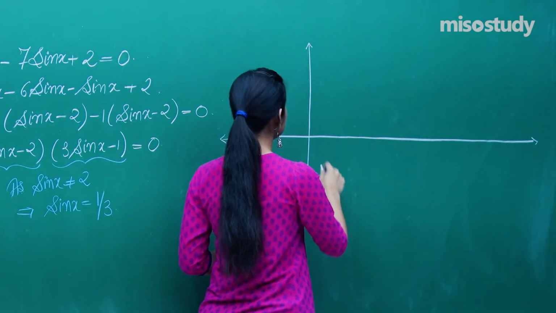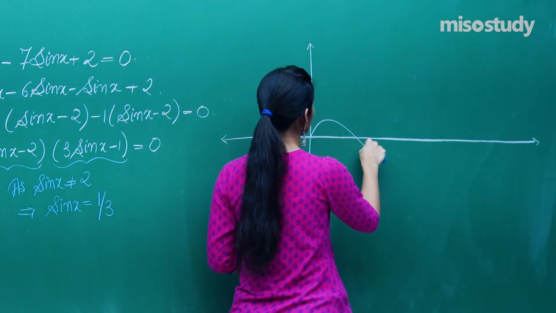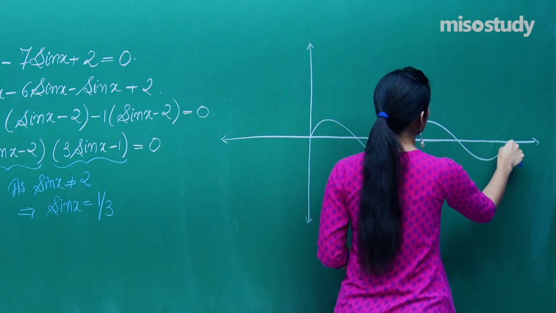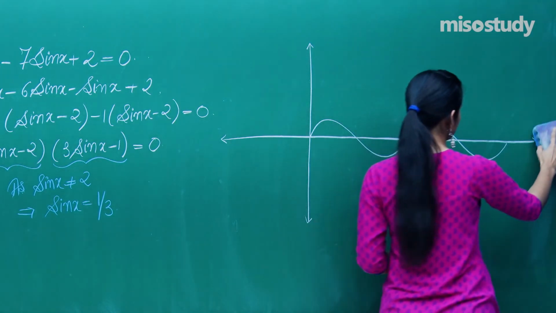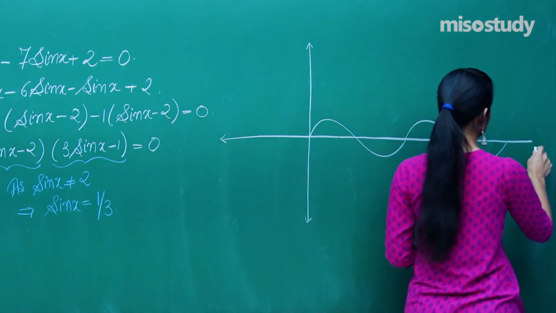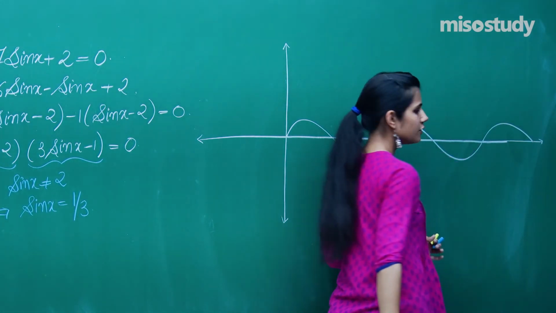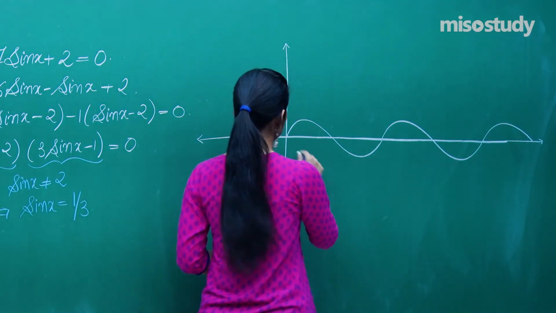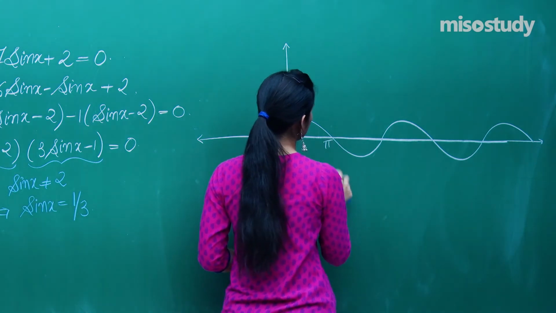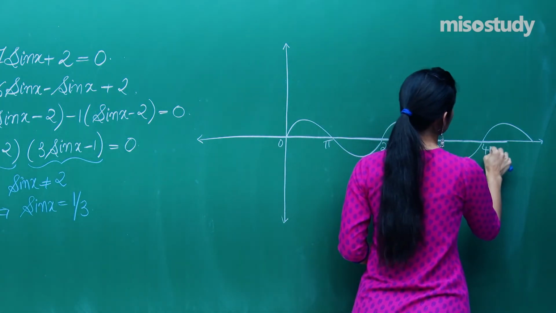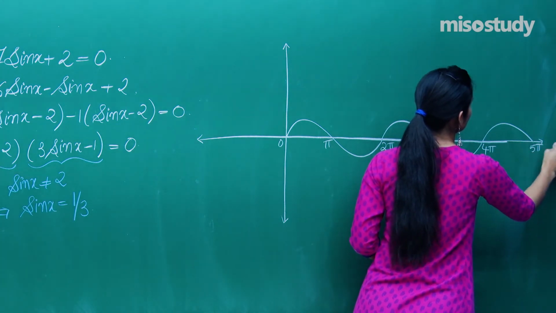Now let's see, in 0 to 5 pi the question is, 0 to 5 pi, 2 pi, 4 pi, 5 pi. So this is 0, pi, 2 pi, 3 pi, 4 pi, 5 pi.